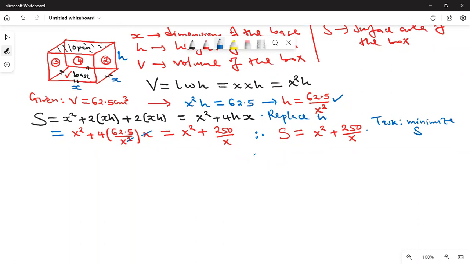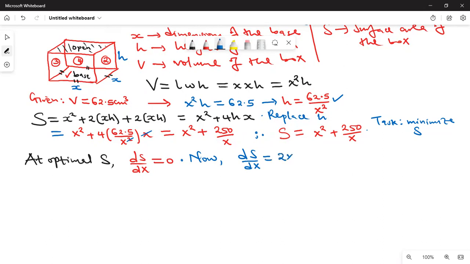At the optimum of s, we know that the derivative of s with respect to x must be equal to 0. So let's find those derivatives. So you can say now ds dx.